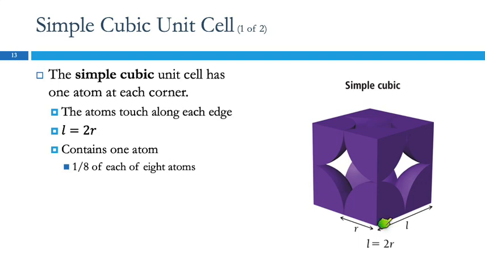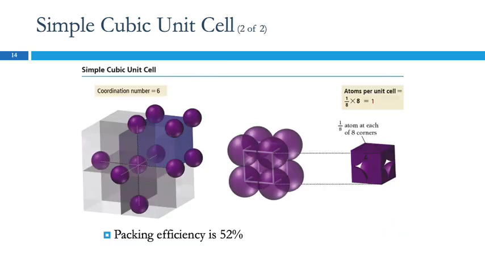We can calculate the length of the edge from the radius of the atom, because as we can see here, this length is equal to the radius of the atom times 2. Here it's expanded out a little bit. This is what we were just looking at. This is with complete atoms, and the unit cell is inside them, essentially.